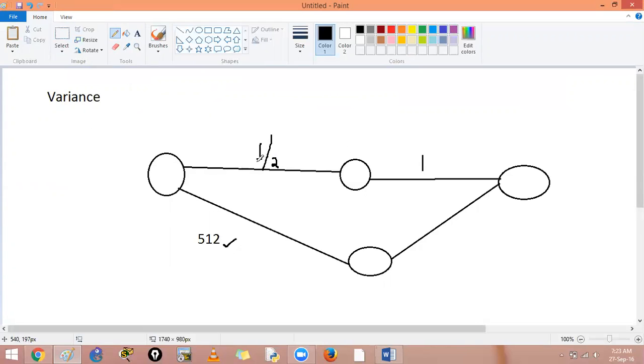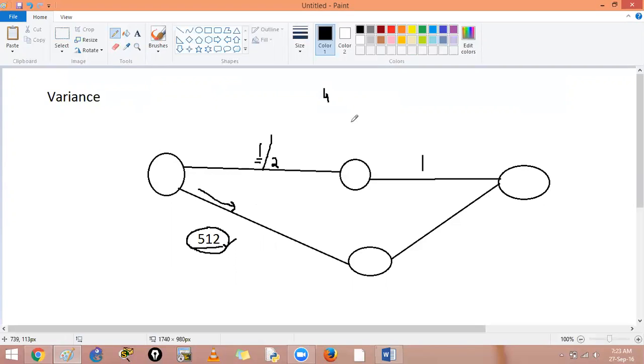So it will understand that the total is 2 GB, so you say variance multiplier 4. 2 GB divided by 4 will be 512, so then this would be considered. So by using variance, you can say use this path also, and EIGRP is the one that can do that.